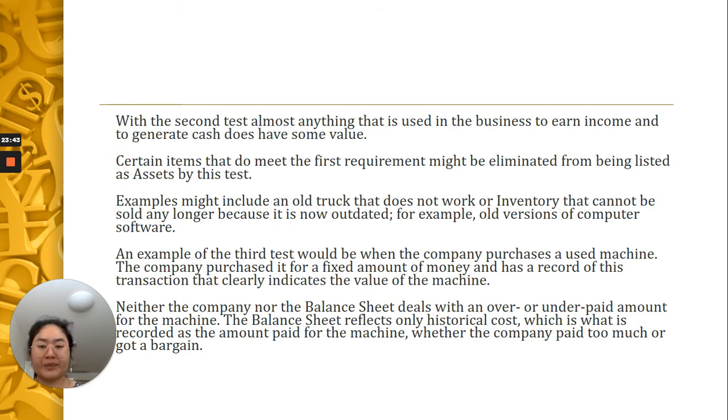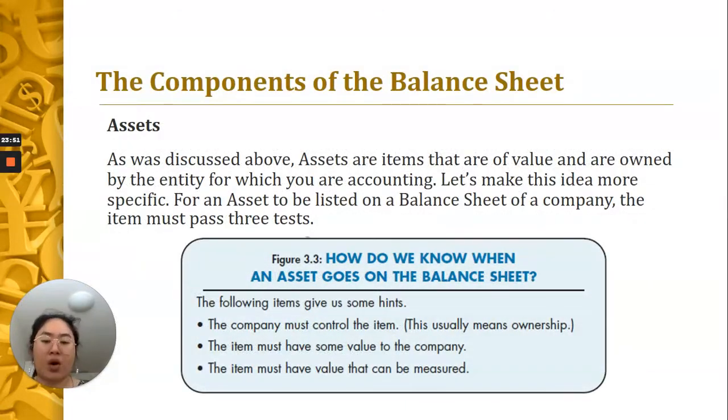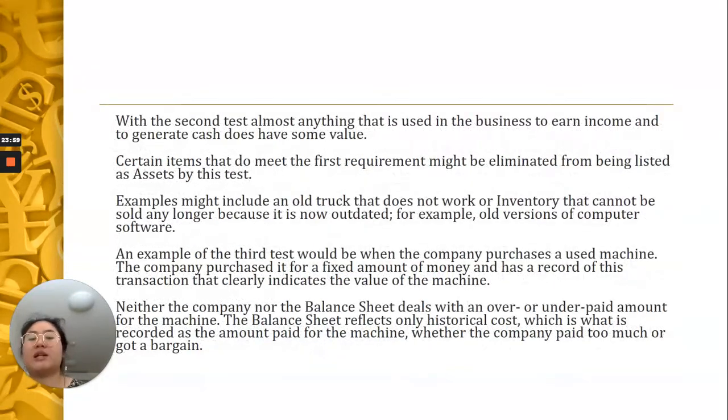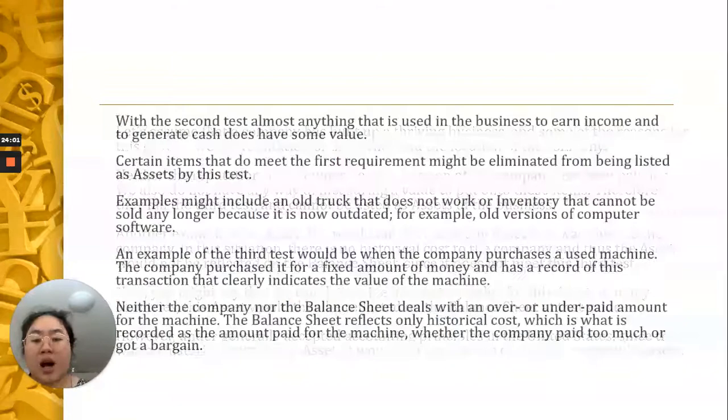So this is the third test: the company purchased an item that has value and can be measured.